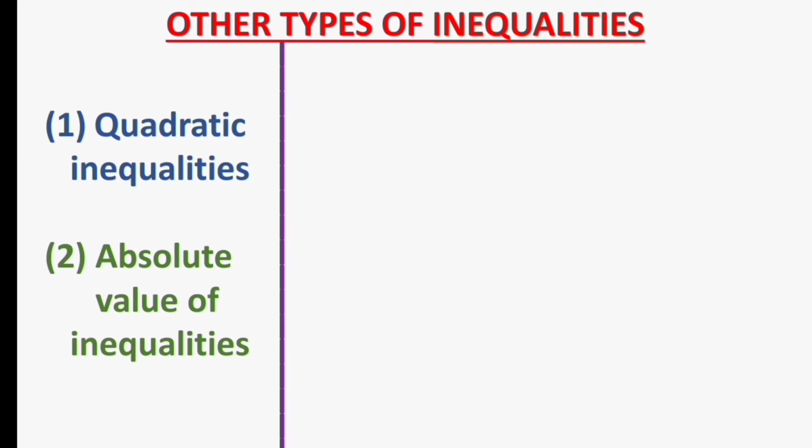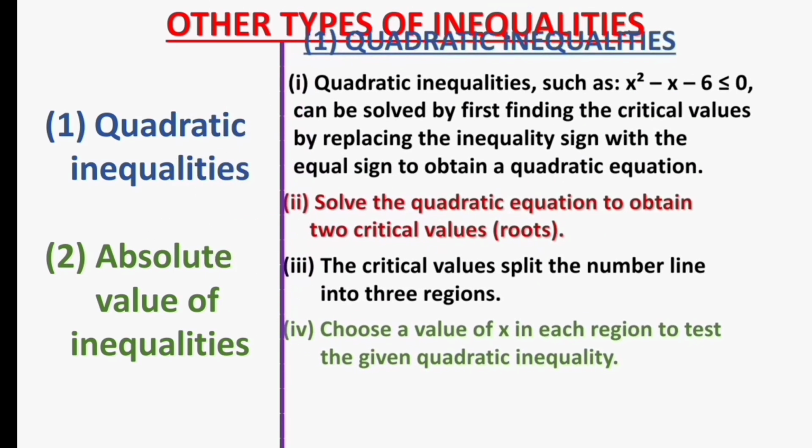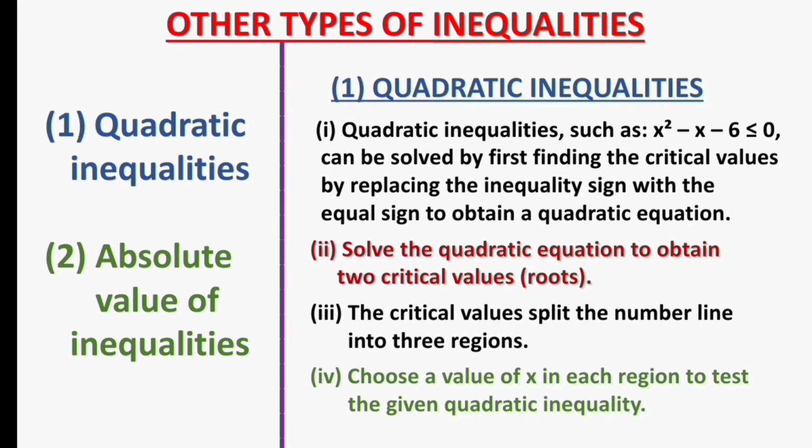Lastly, let's learn about two other types of inequalities. Number 1, quadratic inequalities, and number 2, absolute value of inequalities. Number 1, quadratic inequalities. Point number 1. Quadratic inequalities such as x squared minus x minus 6 is less than or equal to 0 can be solved by first finding the critical values by replacing the inequality sign with the equal sign to obtain a quadratic equation.